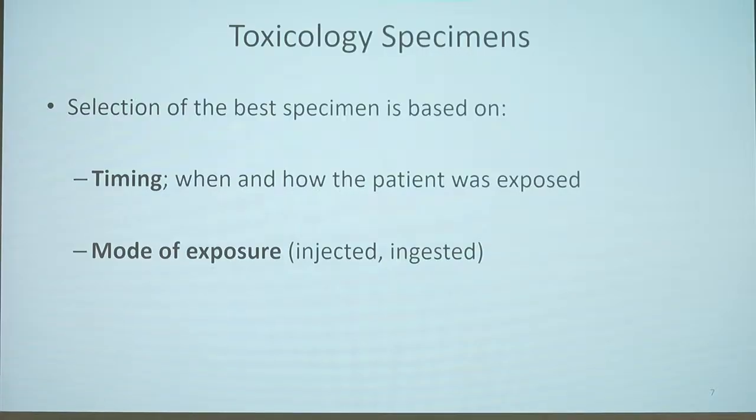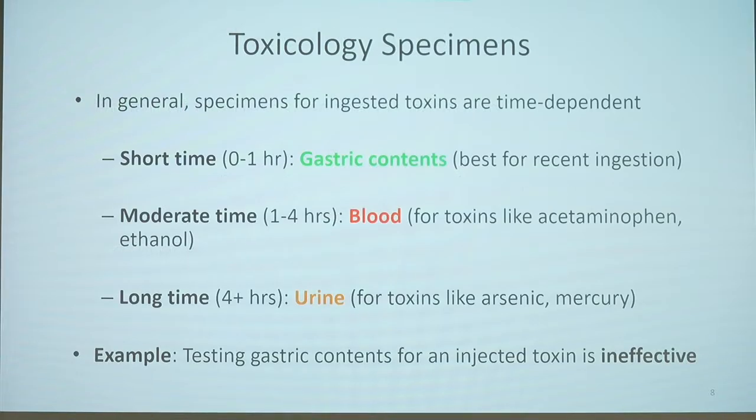So when selecting the best specimen for tox testing, the most important consideration is understanding when and by which route the drug was exposed. Generally speaking, with oral ingestion of a toxicant, within that first hour the best specimen is the GI tract, so nasogastric lavage.